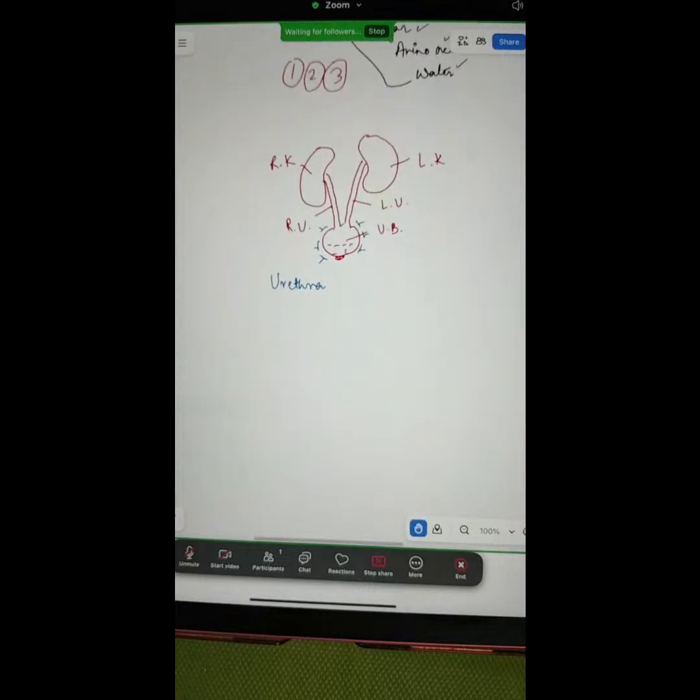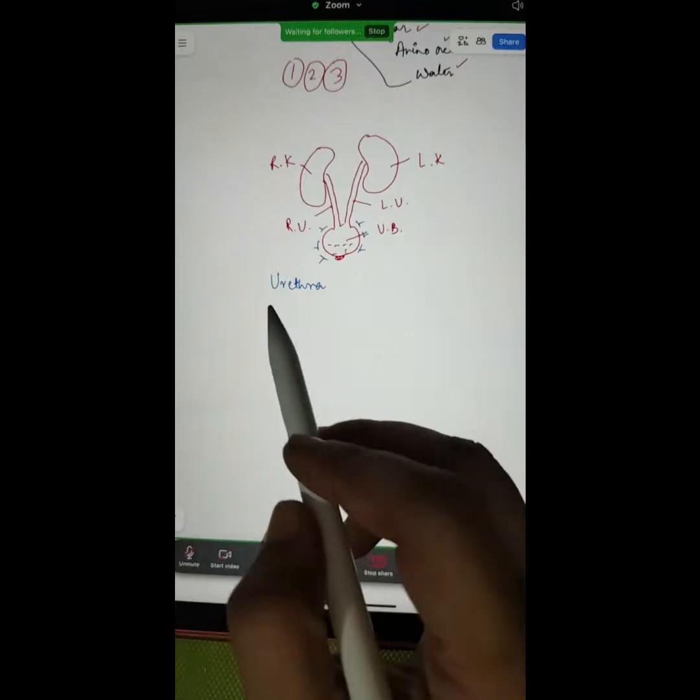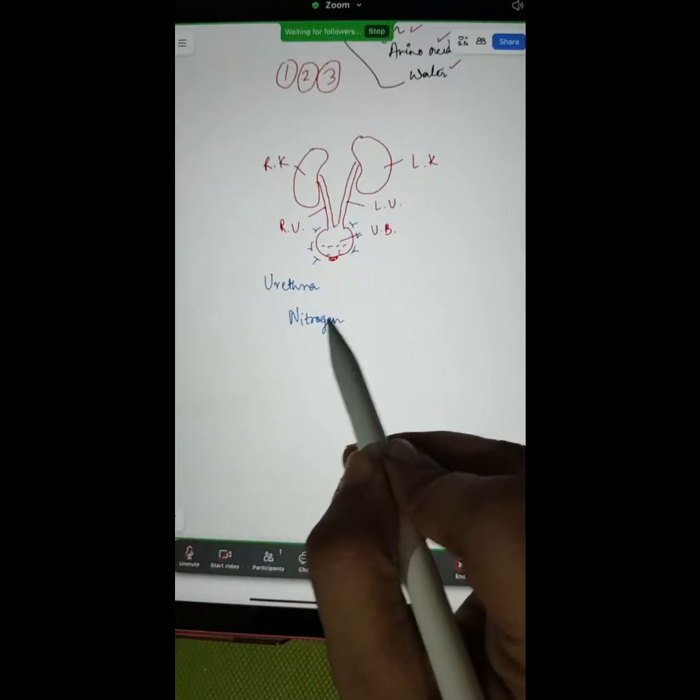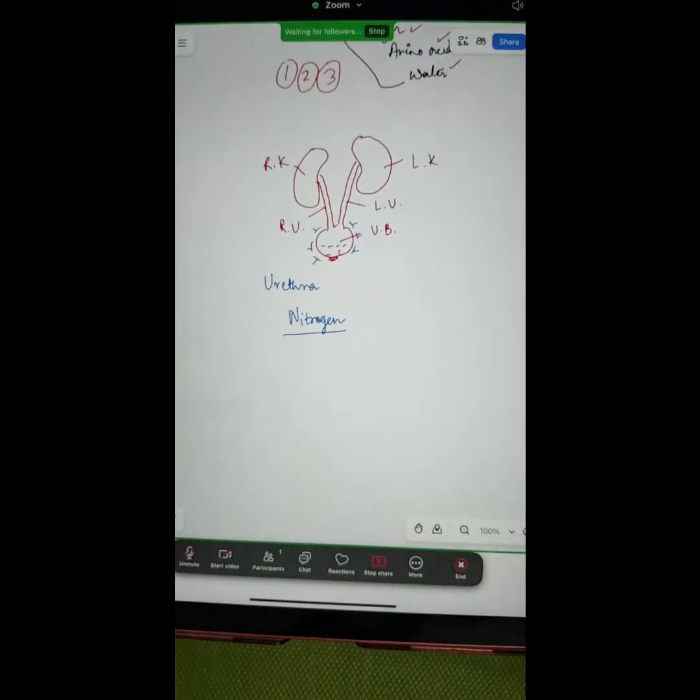Now, as I said, metabolic reactions in the body form a waste which is rich in nitrogen. So whenever any question comes on excretion, you should definitely write in your answer nitrogenous waste. This nitrogenous waste goes out because the kidneys function well.